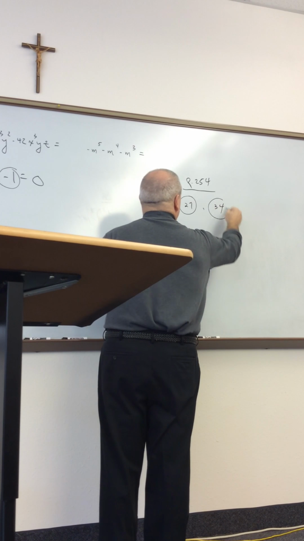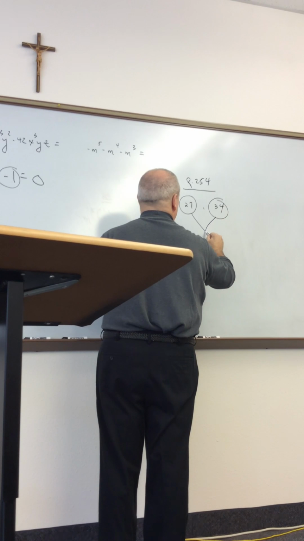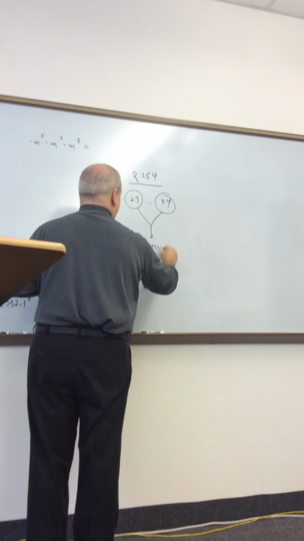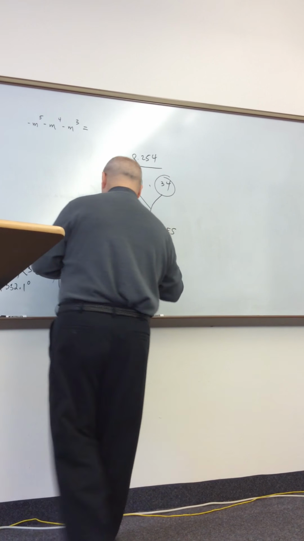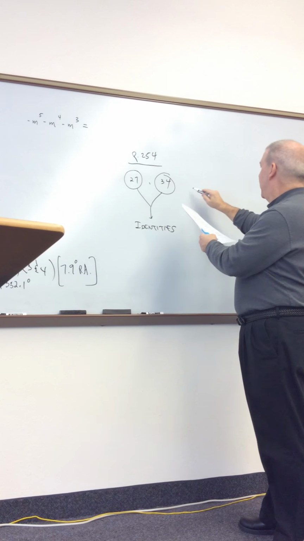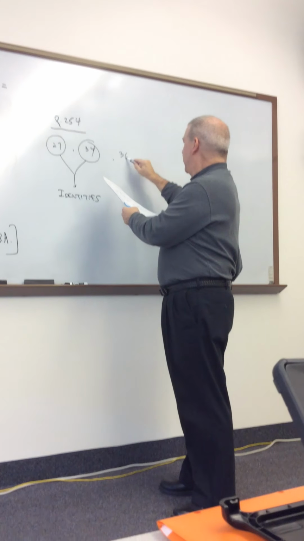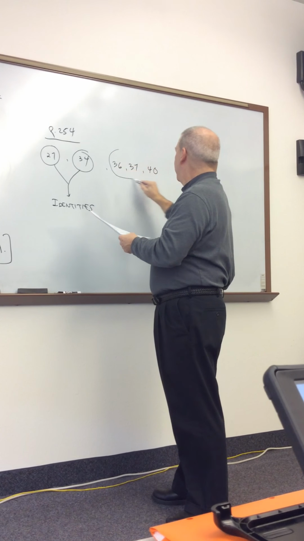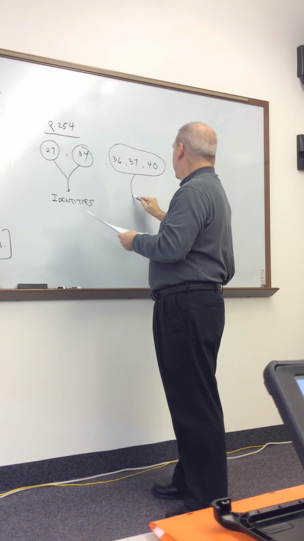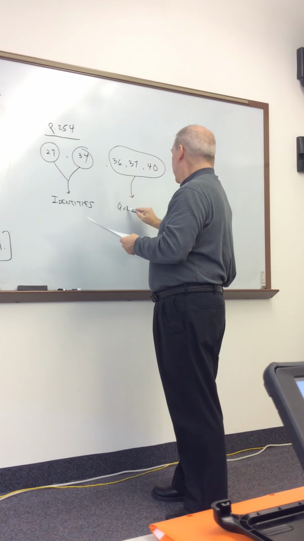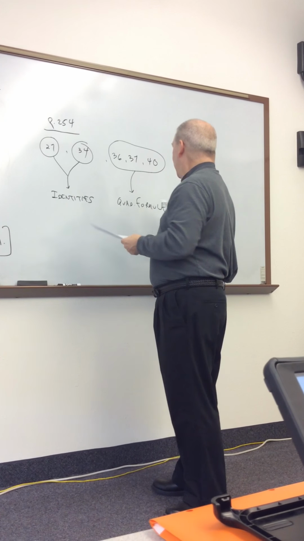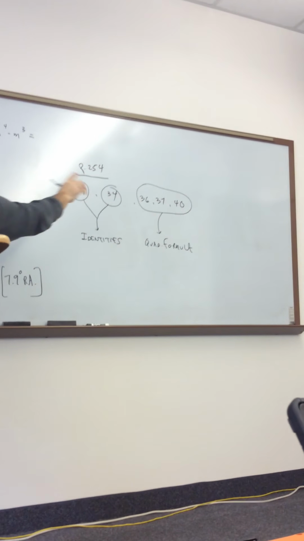So for these two, you gotta use identities. As soon as I get out of the way here in a minute, you can write this down. And then 36, 37, and 40 is quadratic formula.